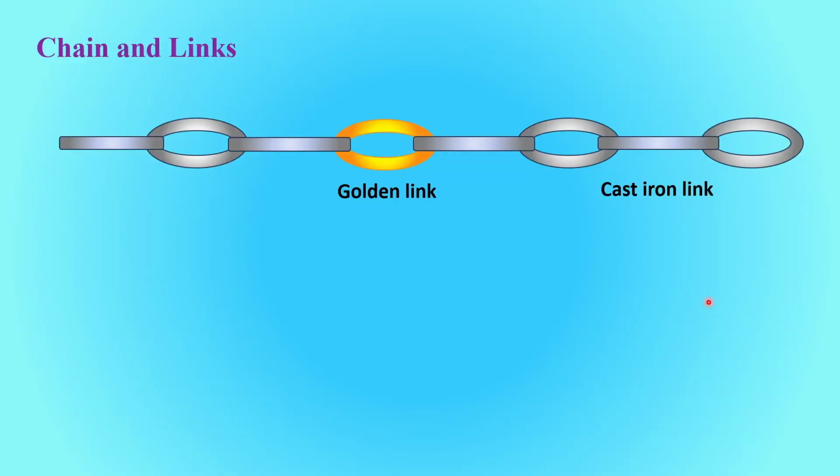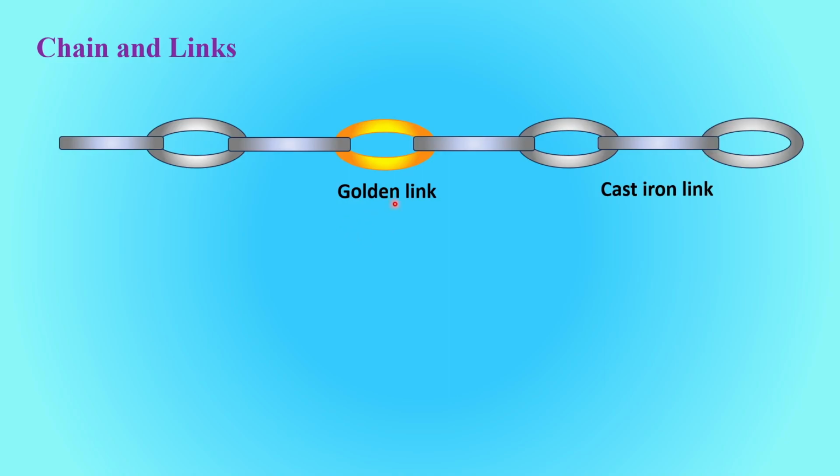Now let us again go back to the chain analogy. Suppose we have the cast iron links shown by the grey colors and we have taken one golden link shown by the golden color. Obviously the cast iron is brittle in nature, it will not undergo much displacement and it will fail.